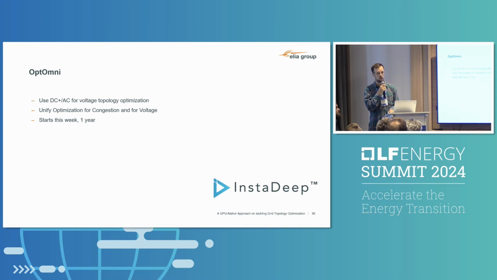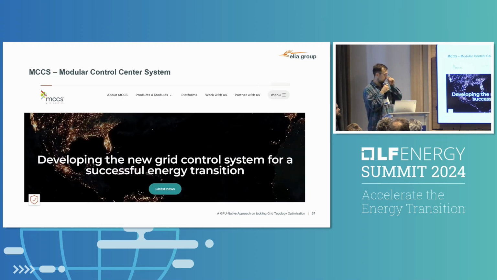And as this is currently still an innovation project until the end of the year, the next part will be that, hopefully, if we are successful, this moves into our modular control center system. This is an ongoing approach from 50 Hertz to modularize the control center, so basically the SCADA system as well as all kinds of grid analysis topics on top.